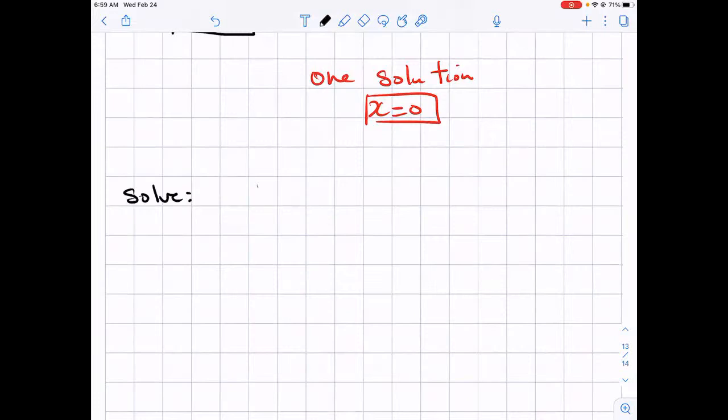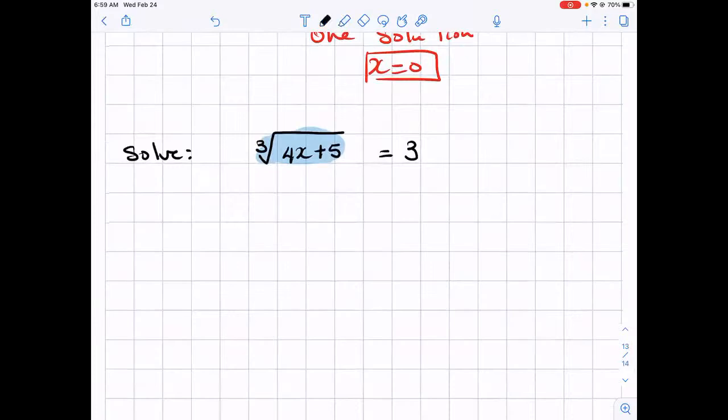What happens if we have a cube root? The cube root of 4x plus 5 is equal to 3. Now, if we have cube roots, same idea is that the radical has to be by itself. So in this case, yes, we do have the radical by itself, right? The radical has to be isolated. So if it is isolated, then if it was a square root, we square both sides.